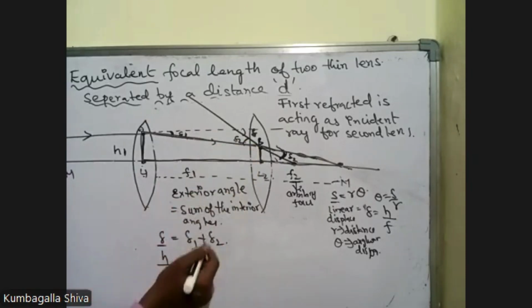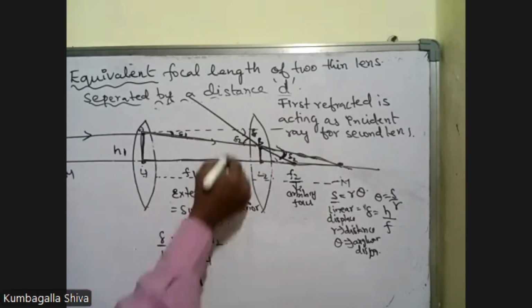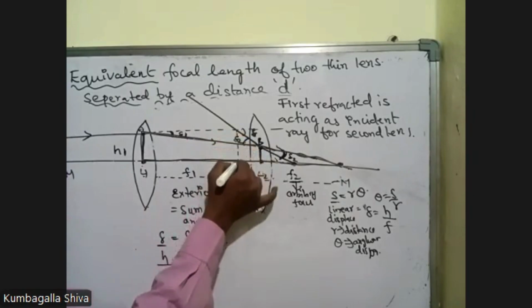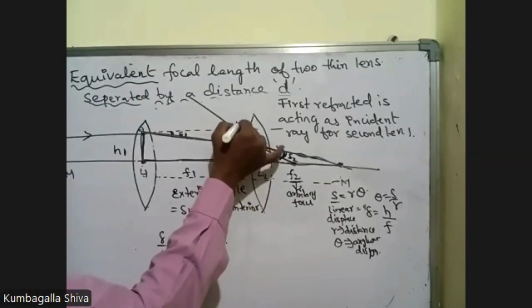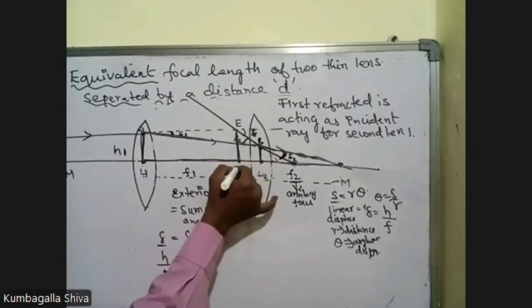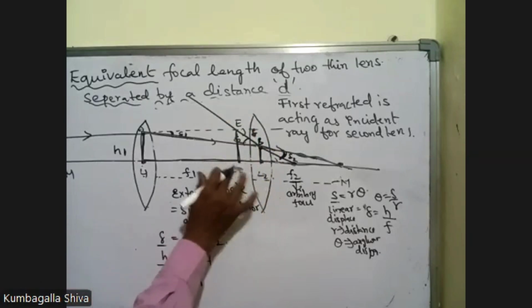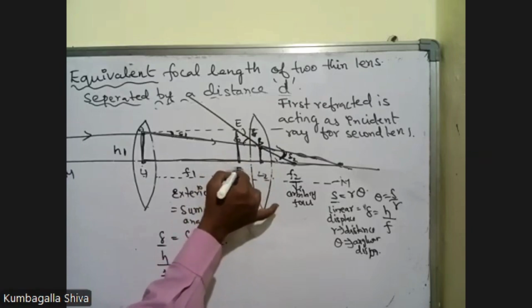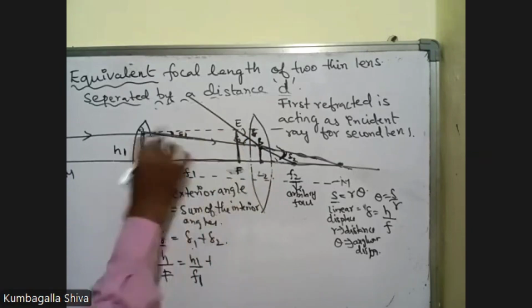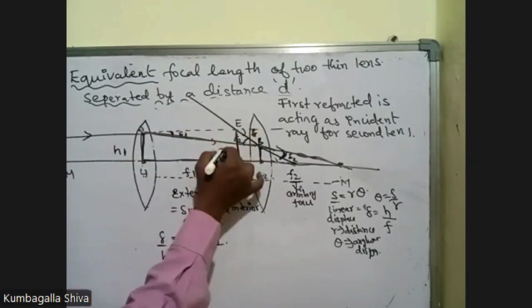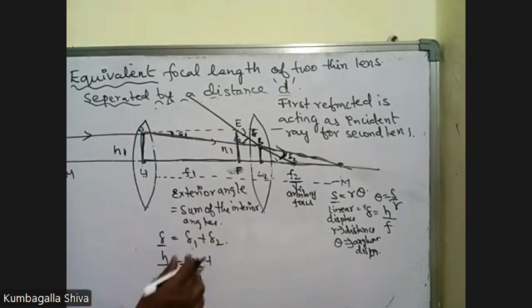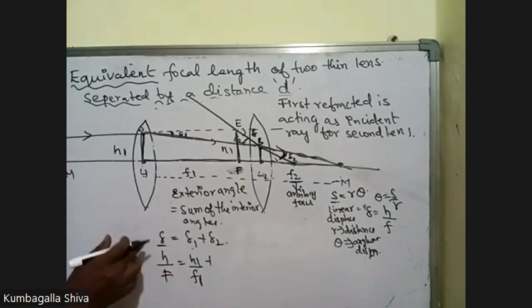And delta 2 is the height. Since you can see here clearly, this height is h1, and this is also the same height h1.